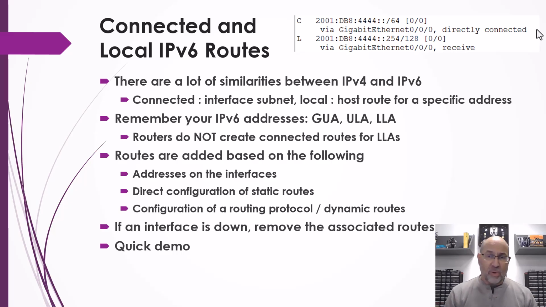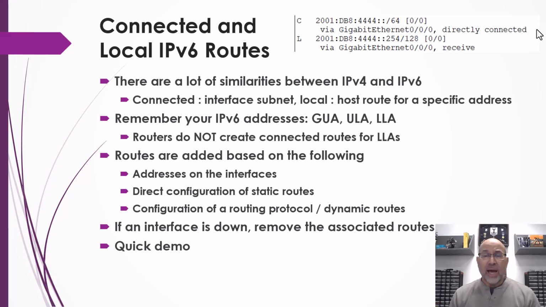Now, the other thing that we want to remember is that we can route via the globally unique address, the unique local address, and the link local address. So we can use all of those entries, but there are rules that we don't do things exactly the same way. And there's a very particular reason for that, and that is how the routing table is processed.